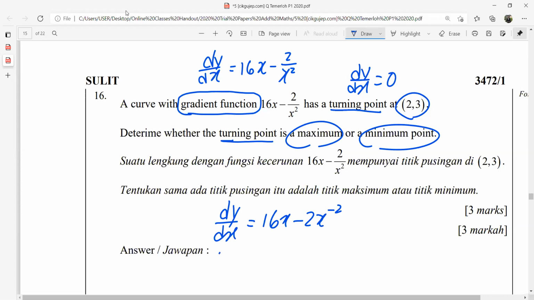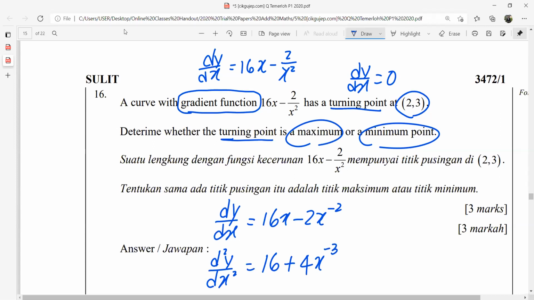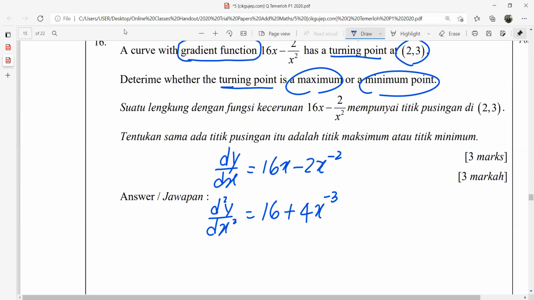But you rearrange, okay, second derivative, differentiate: power -2 times -2 positive 4, power -3. So what you can do is rewrite again, 16 plus 4 over x cubed.